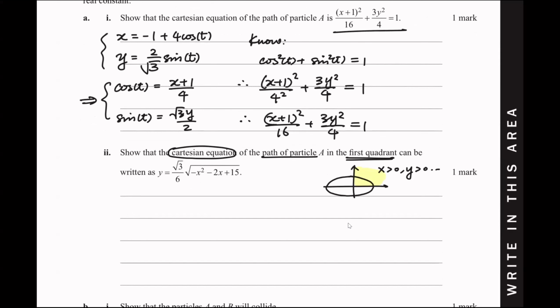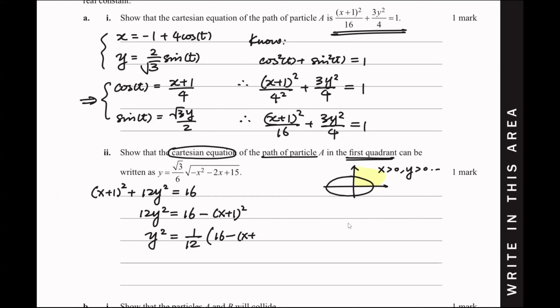If I multiply by 16 on both sides, let's just do (x plus 1) squared plus, if I multiply by 16, that's 12y squared equals 16. So 12y squared equals 16 minus (x plus 1) squared. And y squared equals 1 over 12 times (16 minus (x plus 1) squared).